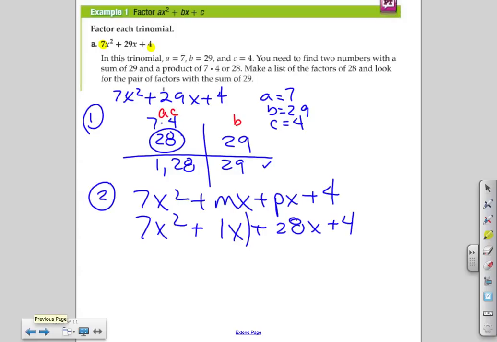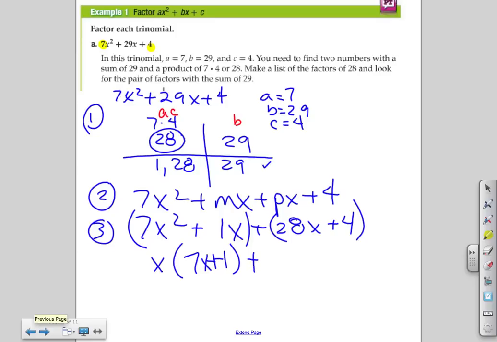Now, step 3, we'll group. Now we're going to factor the grouping, right? And out of our first one, we can take an x out, and that's going to leave us 7x plus 1.